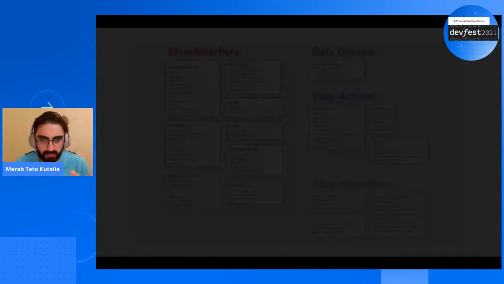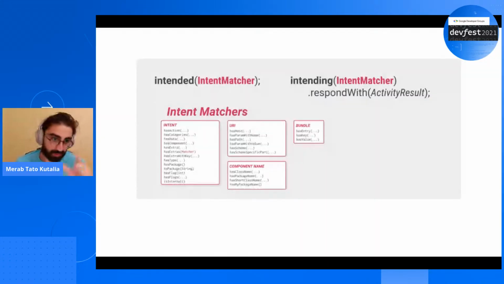Here we also have the intent matchers, with very interesting functions such as respondWithActivityResult, if it has some kind of scheme for deep links, and if it has some specified class name, package name, short class name, so anything you need.